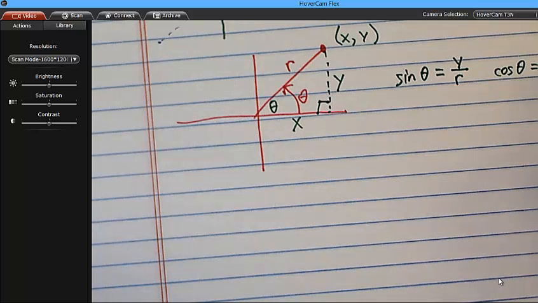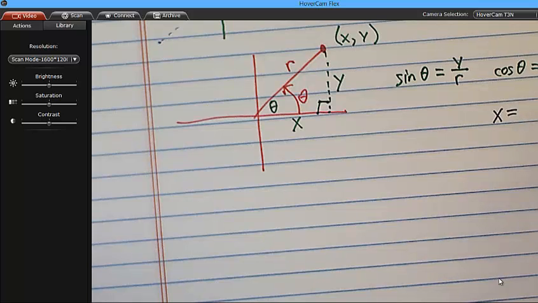X over r. But see, what I just had was 4 and 5 pi over 6, and I was trying to come up with x and y coordinates. So what I can do is multiply both sides by r.